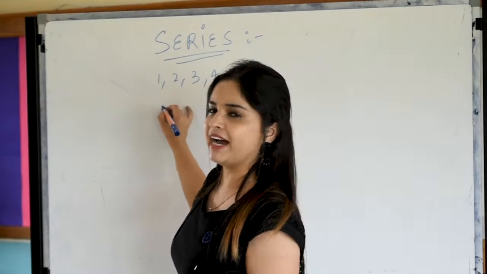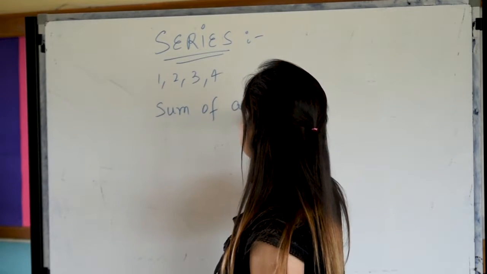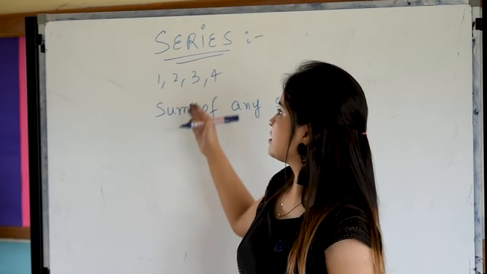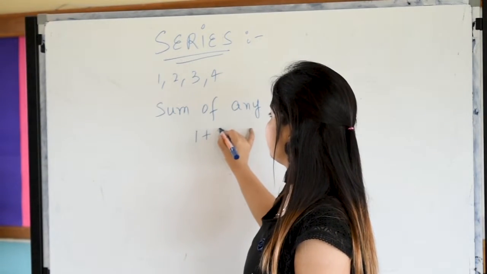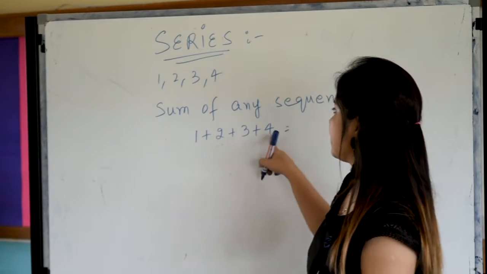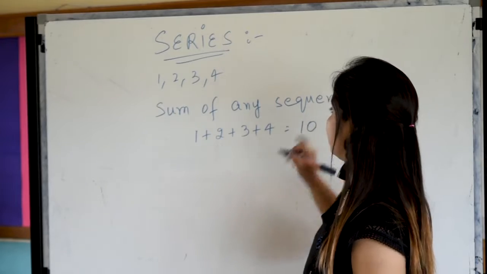Now, if I want to find the sum of any sequence, okay? Suppose I want to find the sum of this sequence. I want to find 1 plus 2 plus 3 plus 4. Okay, what is the sum? 3 plus 3, 6, 6 plus 4, 10.